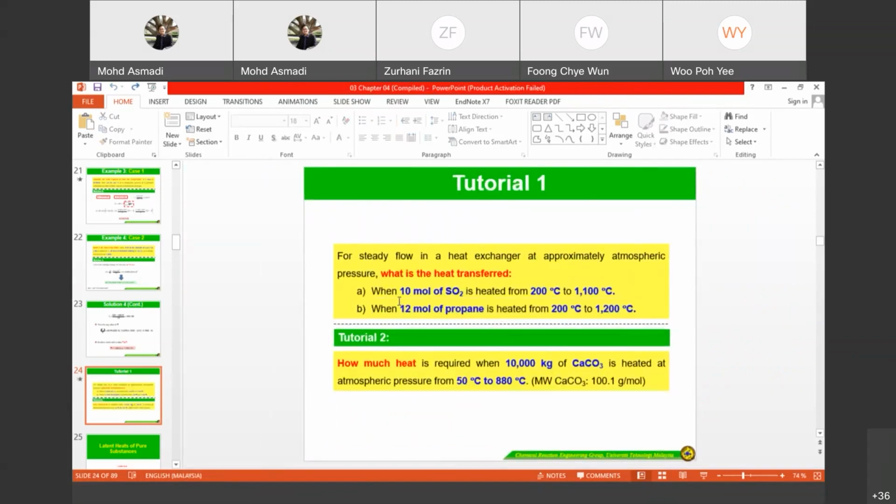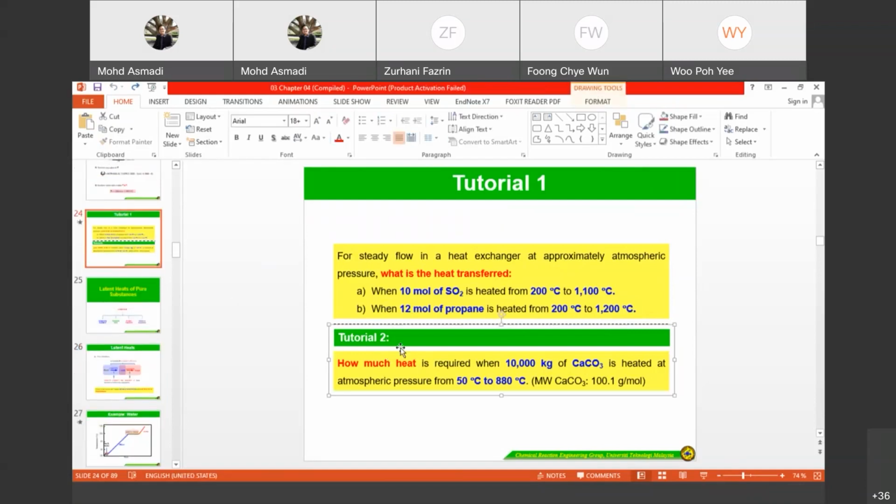Similarly, you can do for B. Okay, for B. Can you do tutorial 2?